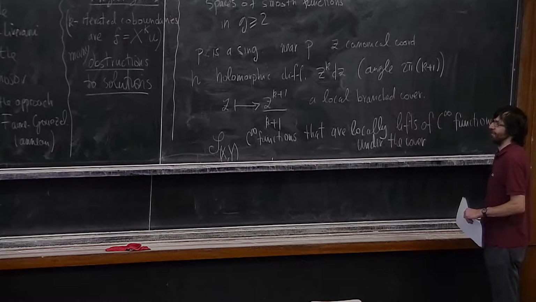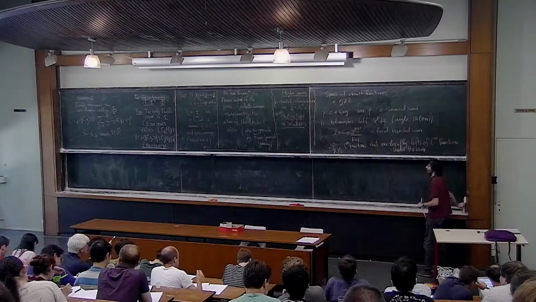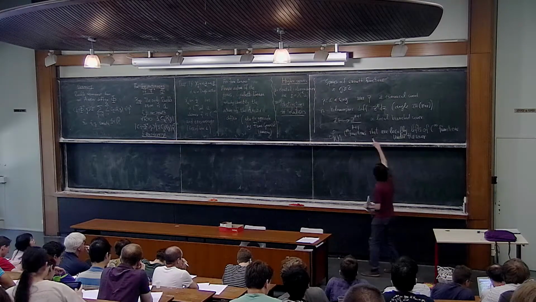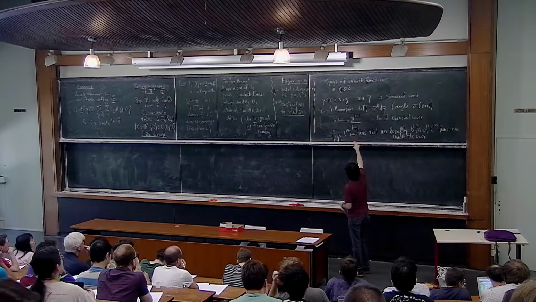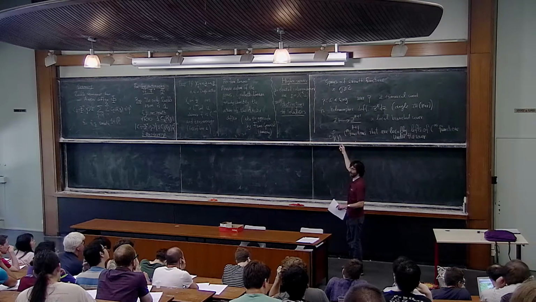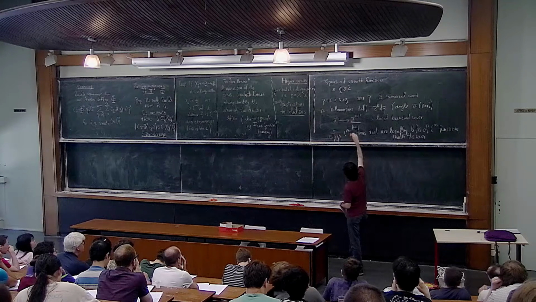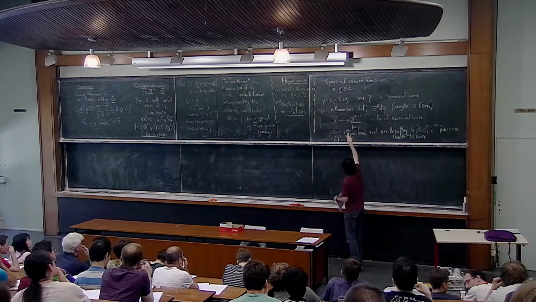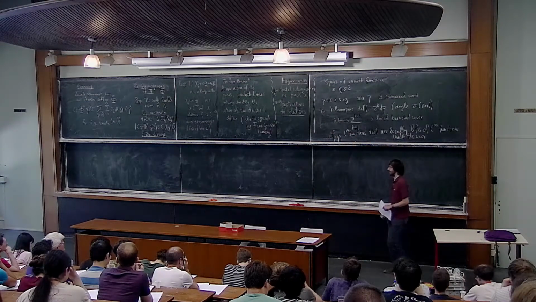So yes, these are functions on the higher genus surface. There are several local coordinates at singular points. They have to be C-infinity on the higher genus surface, but also at the singularities they have to be lifts of C-infinity functions under this branched cover.